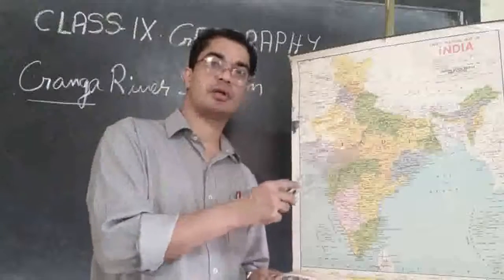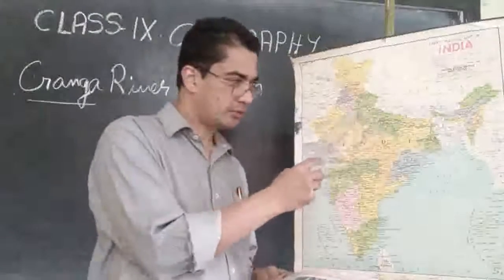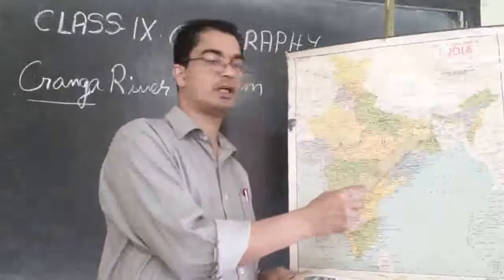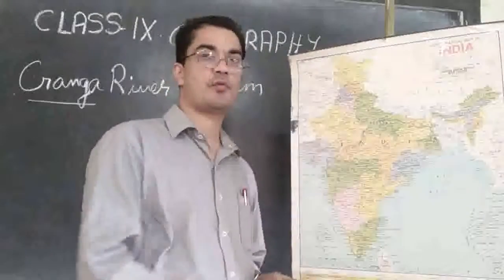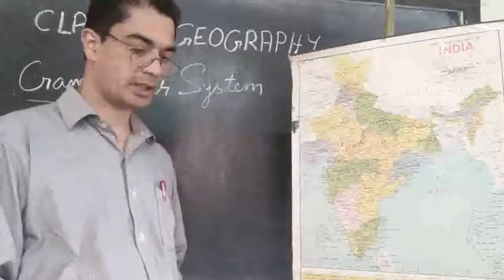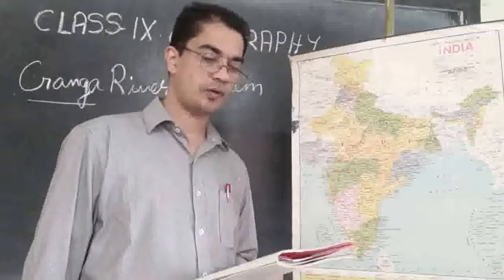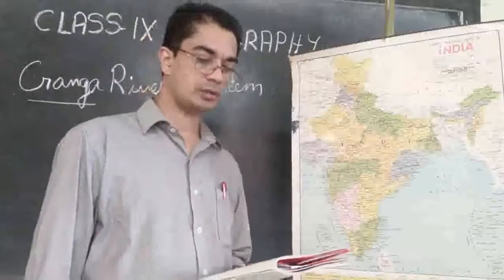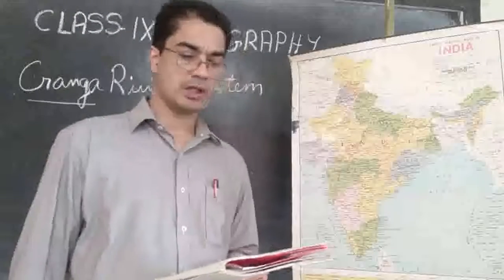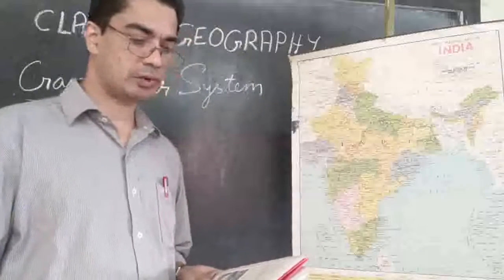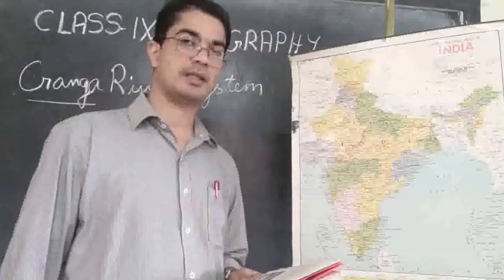Enriched from both sides, it flows towards the eastern side and enters West Bengal, at the place called Farakka. And this is the northernmost point of the Ganga Delta.